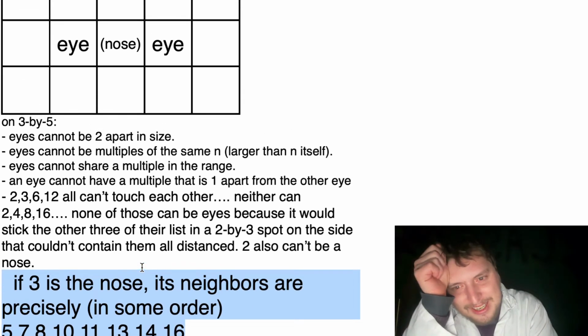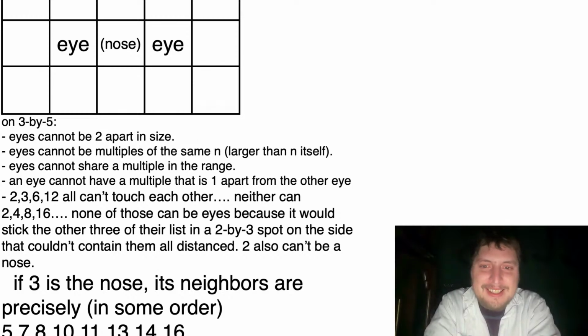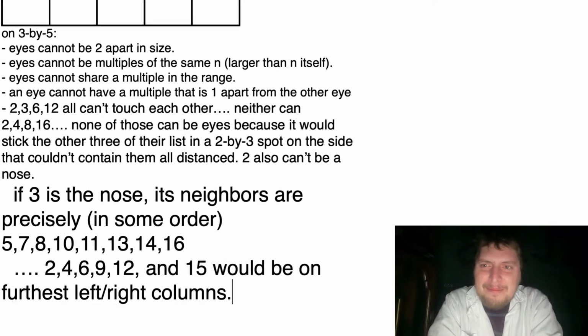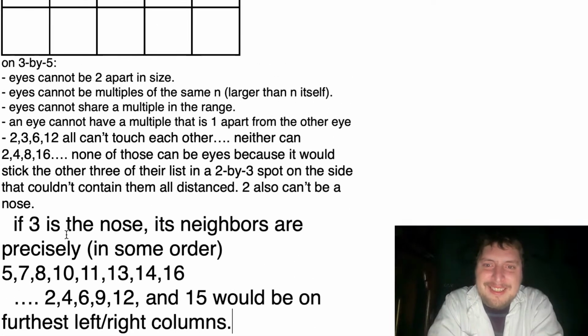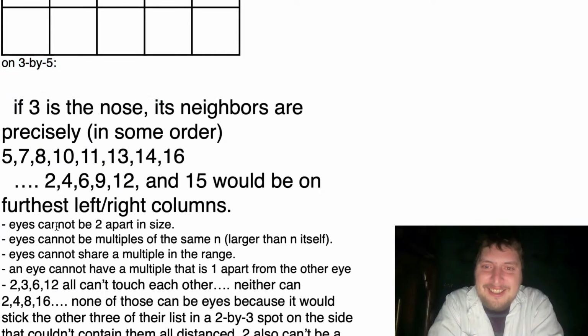What would that mean? That would mean the ones that are left on the edges are the 2, 4, 6, 9, 12, and 15 would be on the furthest left and right columns. Here, let's switch the order of these a little bit so that we can see our notes and the grid.